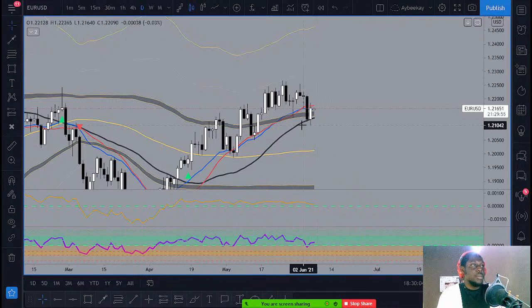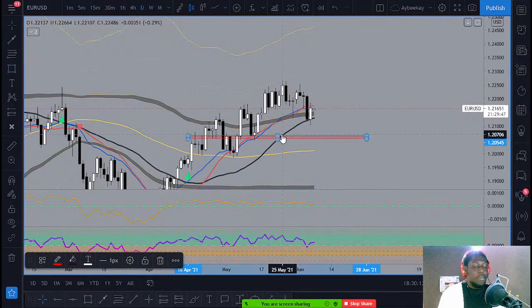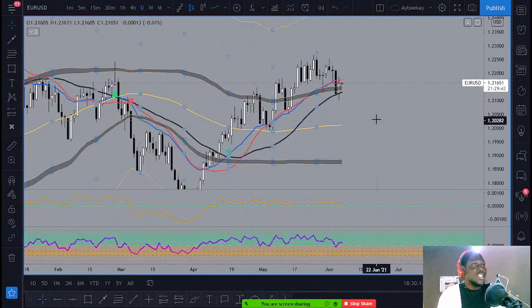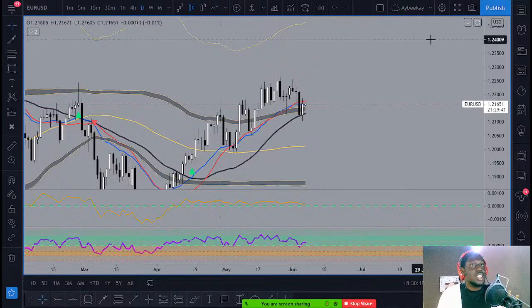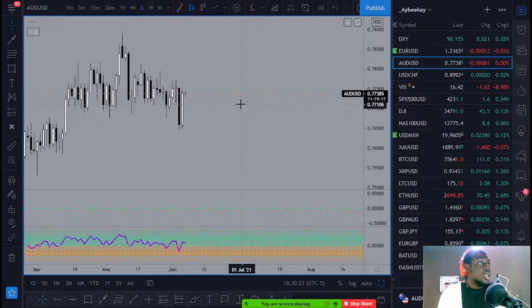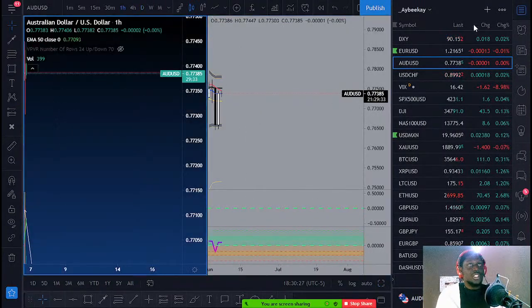That could possibly mean it's going to break this structure right here, and if it does, then maybe we'll see a bearish dollar. But until then, it's hard for me to say that it's going to go bearish completely, right? Or bearish Euro USD, sorry.